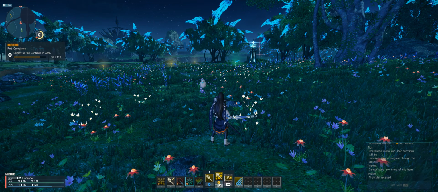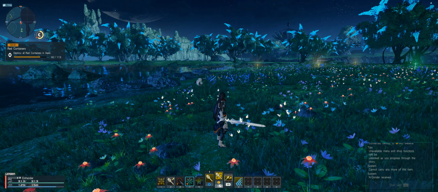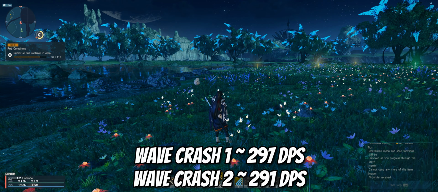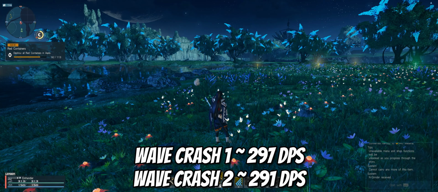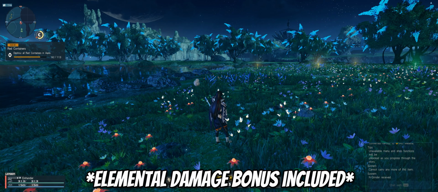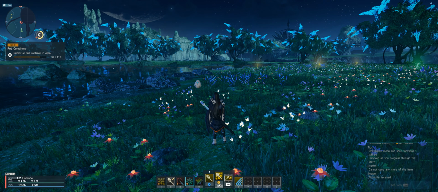I'll get into why that is important and how you can use Wand Parry to essentially make wave crash, which is also very powerful from a DPS standpoint, specifically the first hit of wave crash, essentially free. But let's start at the basics and let's understand Wand Parry.